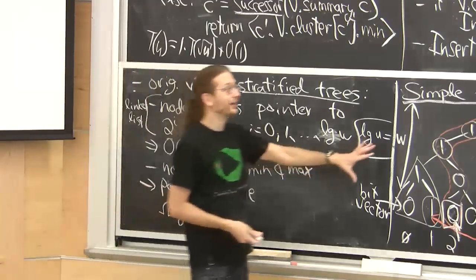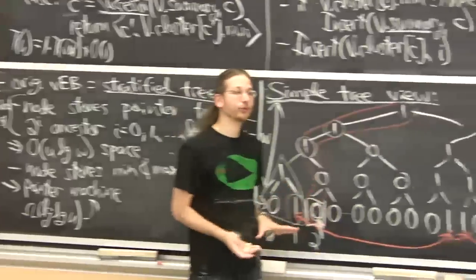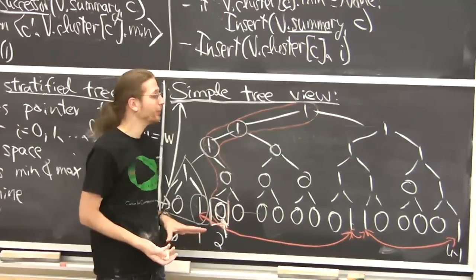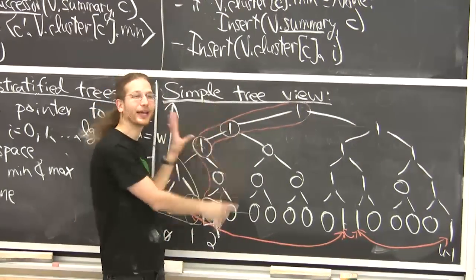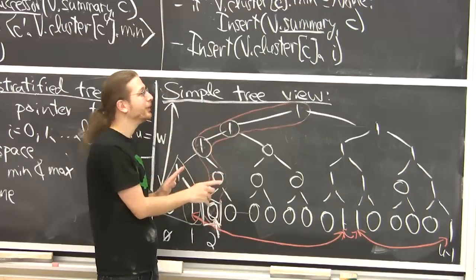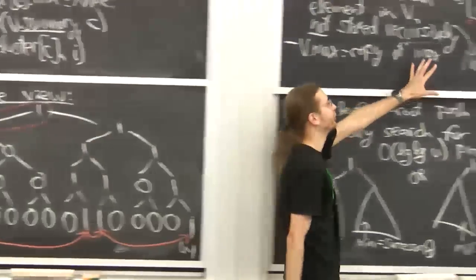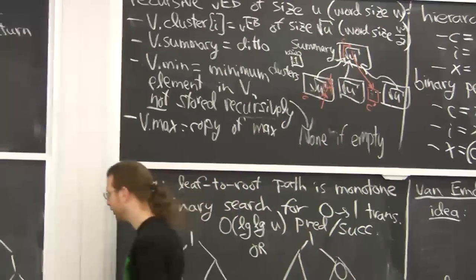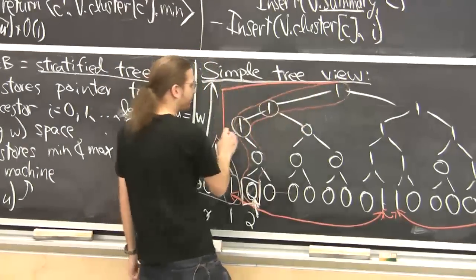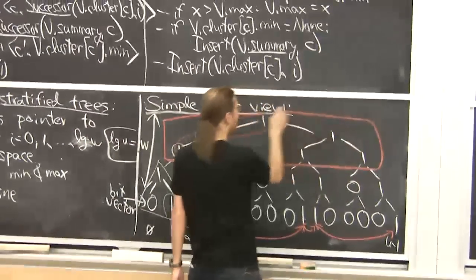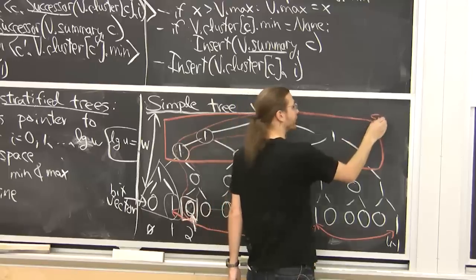Essentially, it's this idea, plus you don't recursively store them, which, of course, makes all these bits no longer accurate. It gets much messier. But in the end, it's doing exactly the same thing as this recursion. In fact, you can draw the picture. This part up here, the top half of the tree, is the summary.